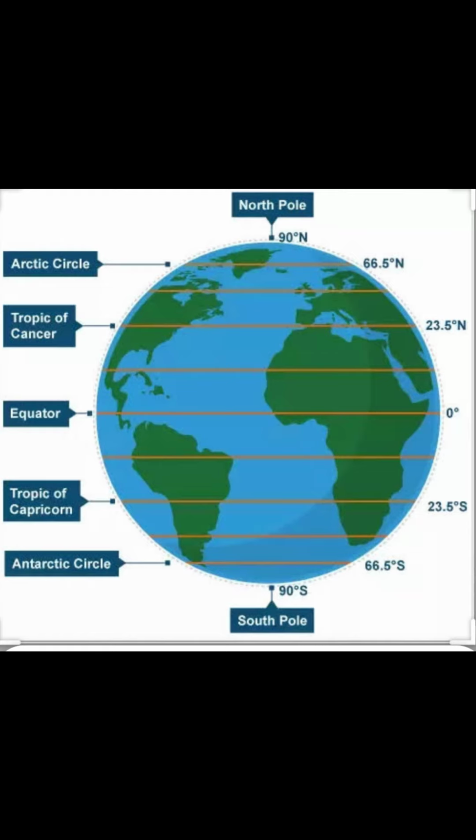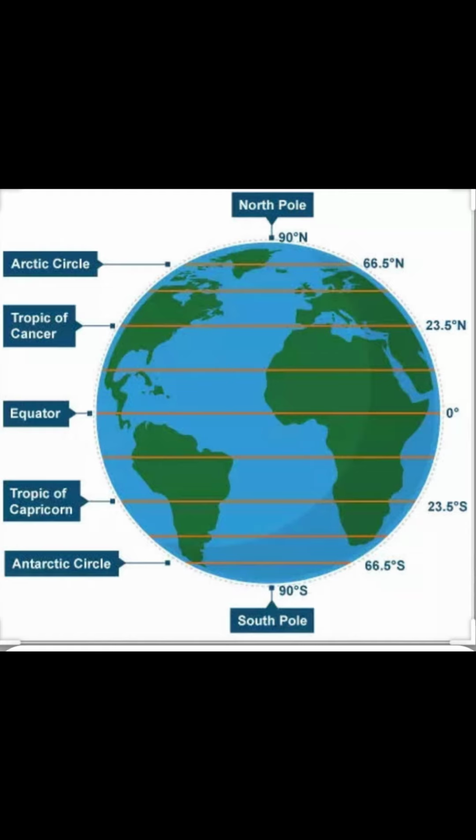Similarly, children, 66.5 degree north is called the Arctic Circle, and 66.5 degree south is called the Antarctic Circle. 90 degrees north is the North Pole, and 90 degrees south is called the South Pole.